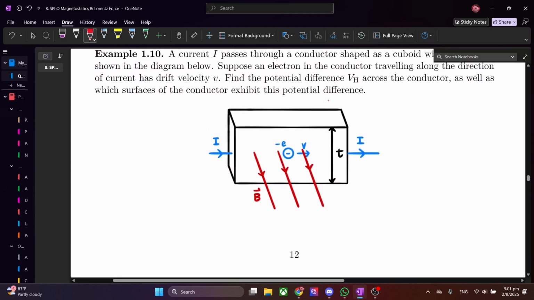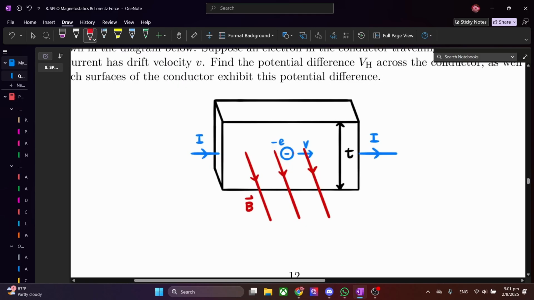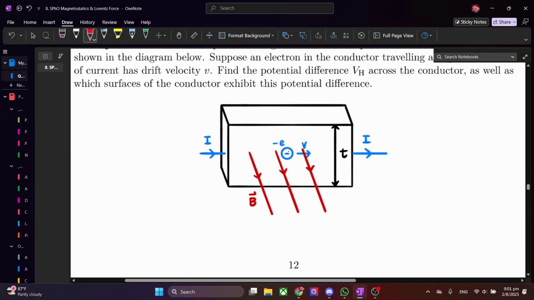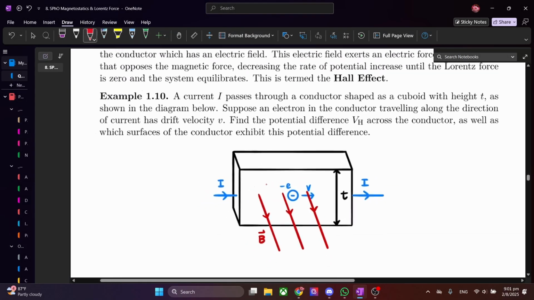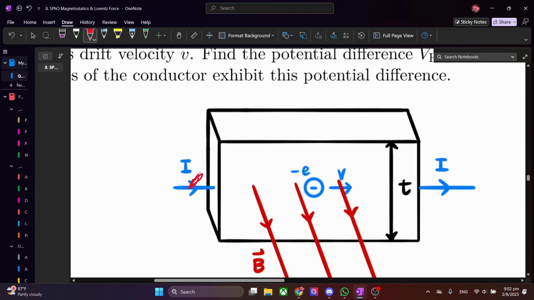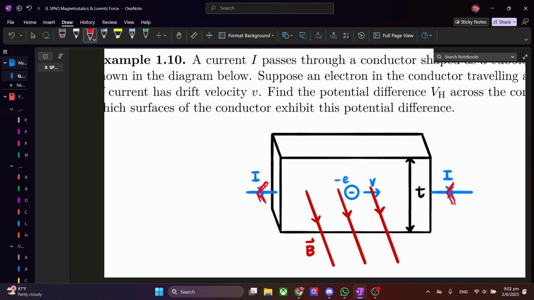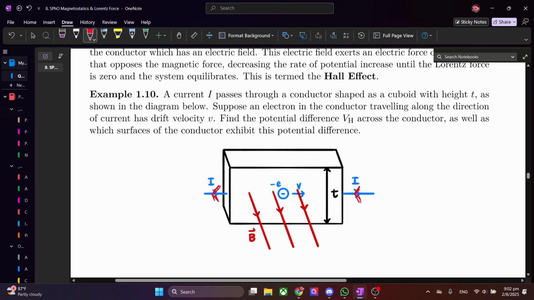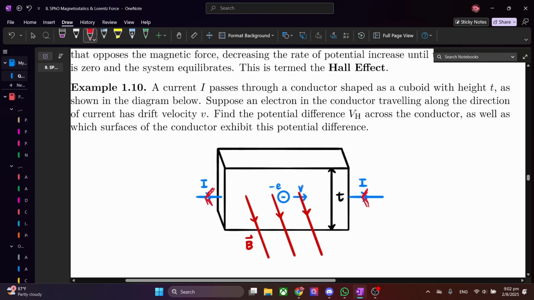As you can see in this example, let's suppose we have a current flowing through here and we consider an electron. It seems to be moving in the wrong direction here, but your current should be pointing in this direction, I believe. Anyway, the electron in the conductor travels opposite to the conventional current and has some velocity, which is called the drift velocity v.